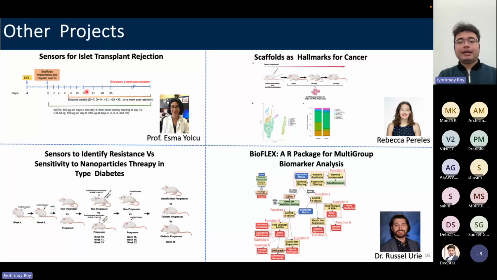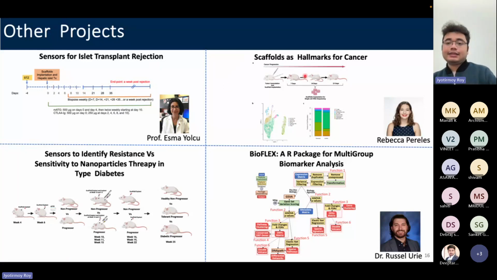But in spite of implanting the islets and giving the immunosuppressants, it always happens that, for example, you implant the islets in around 10 mice, 6 of them accept the islets and start functioning normally, but 4 of them reject it. So there, we're using the scaffolds to predict the ones which are going to reject versus the ones which are going to accept. Because once we're able to identify which are going to reject, we can give them a higher dosage of immunosuppressants so that they do not reject.